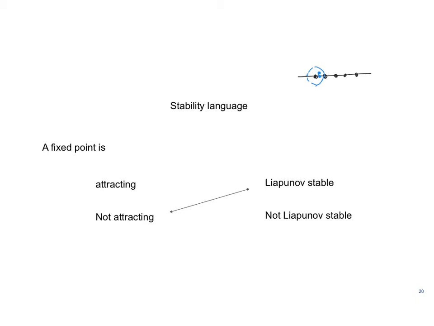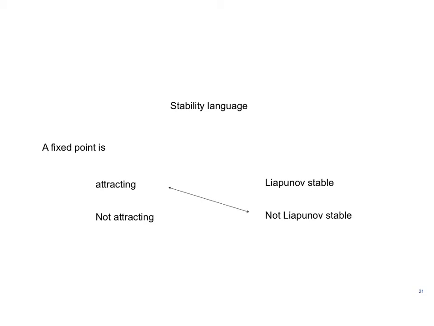Now let's go to another case that is also peculiar. This is attracting, but it's not Lyapunov stable. And we already saw it. Think, we have fixed points that are repellers. So the repeller doesn't fulfill this.